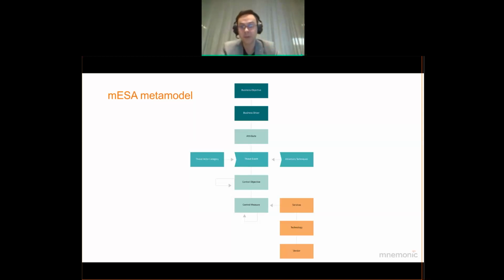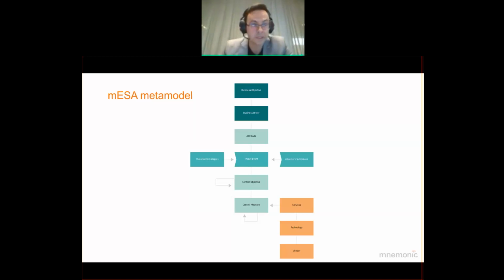Next level in this traceability framework is that we go from the control objectives to control measures, actual implementation controls, which controls we are going to put in place to support or achieve those control objectives. Further down the stack, control measures could be mapped to a more specific technological stack in your business context.